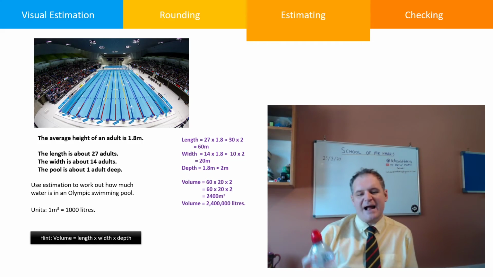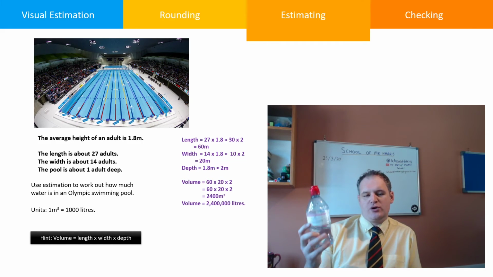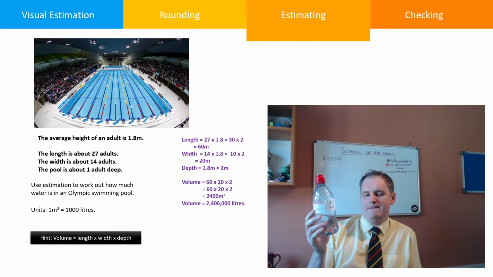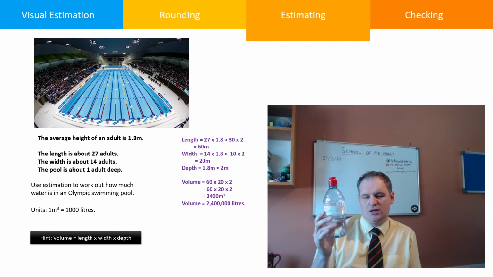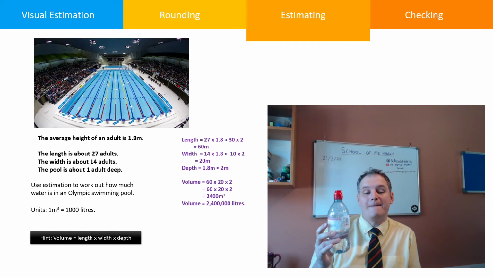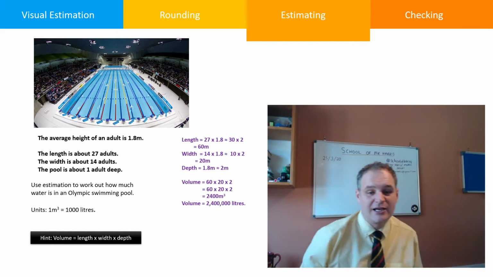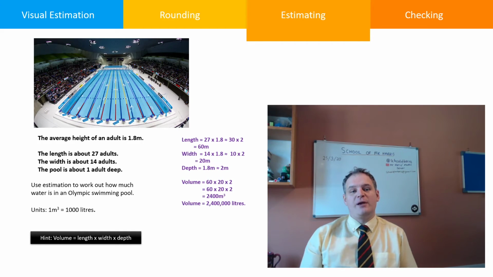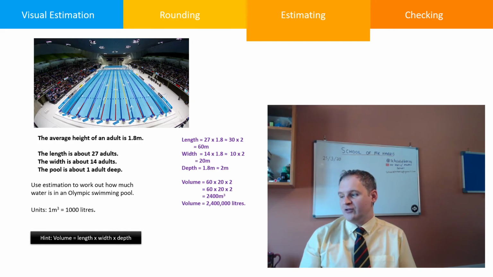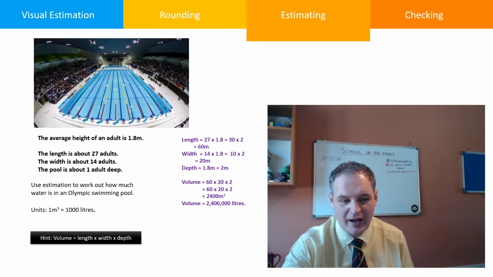It's about 3.2 million of these. It's a lot of drink. Obviously, that's why we don't try and drink the water in the swimming pool anyway. But hopefully, that's quite eye-opening to you.